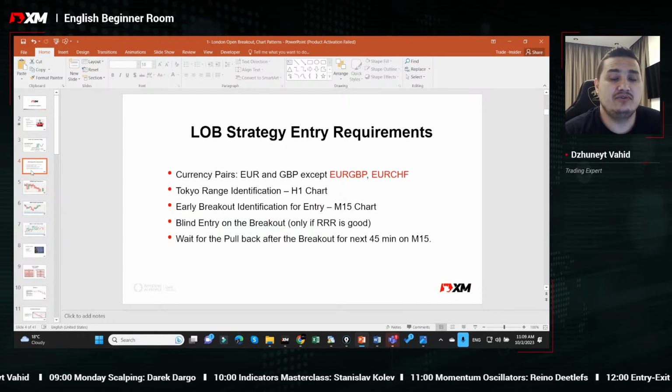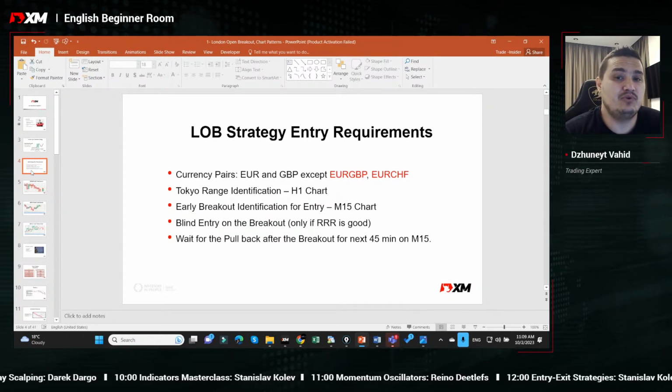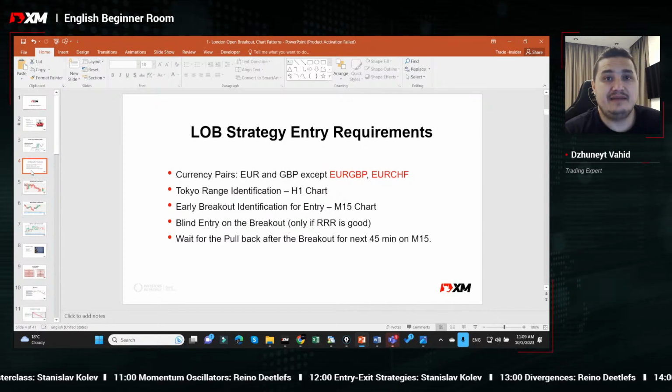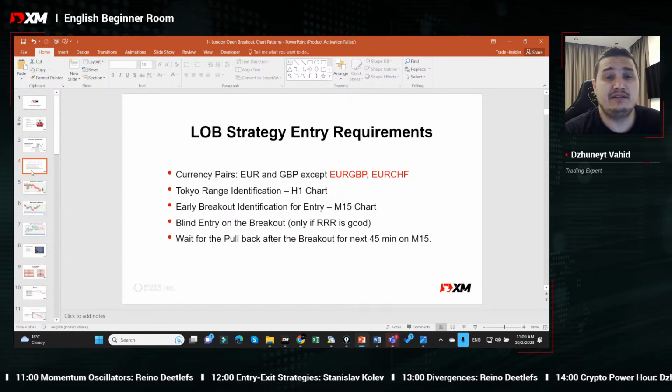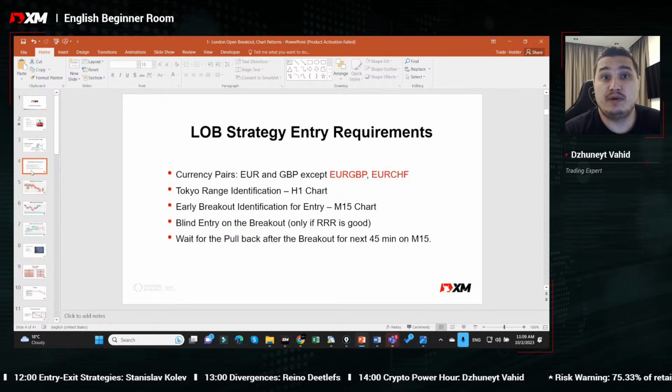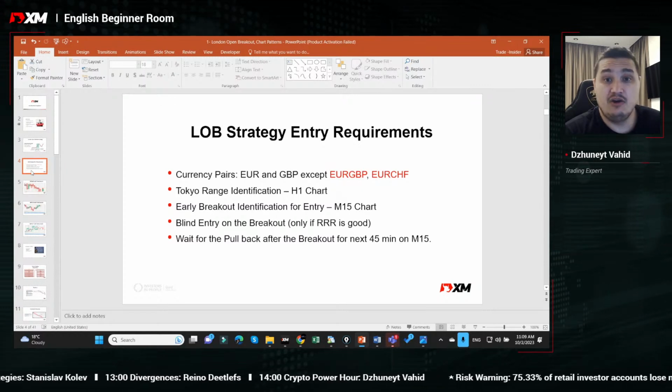The currency pairs that we are using are Euro and Sterling crosses, except Euro Sterling and Euro Swiss franc. I say except statistically. Sometimes you might be familiar with fundamentals and know that the Swiss franc may bring huge volatility, and Euro Swiss franc can actually be good for London Open trading, or vice versa.